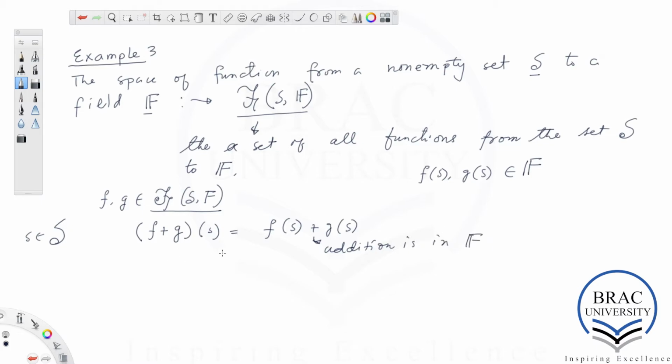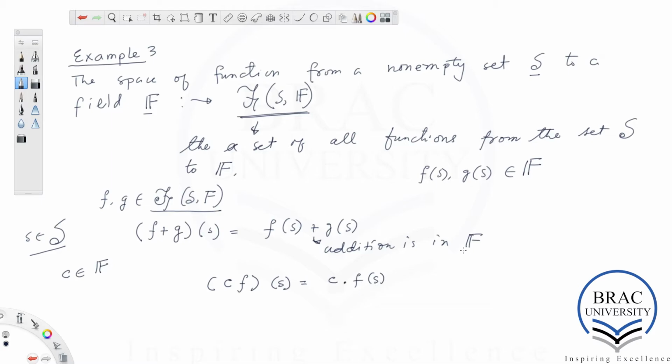So this is how we define the vector addition. And the scalar multiplication of c in F with a given vector f, which is of course a function from the non-empty set S to the field F, is defined as c times f, which is expected to be a function in this set, right? And this function evaluated at the point s of big S is defined as c times f of s.